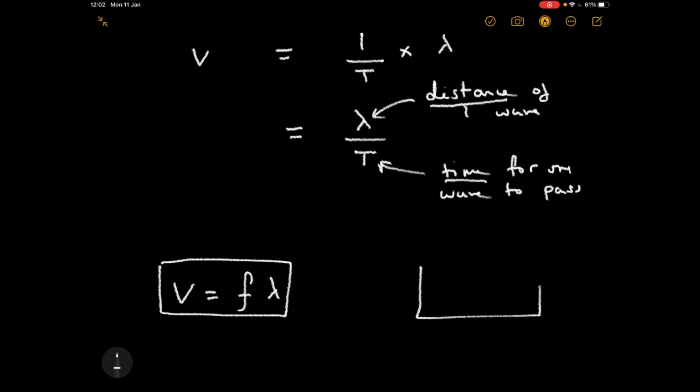And these two equations, v equals f lambda and f equals 1 over T, are the equations that you can use to determine the speed at which waves are traveling.